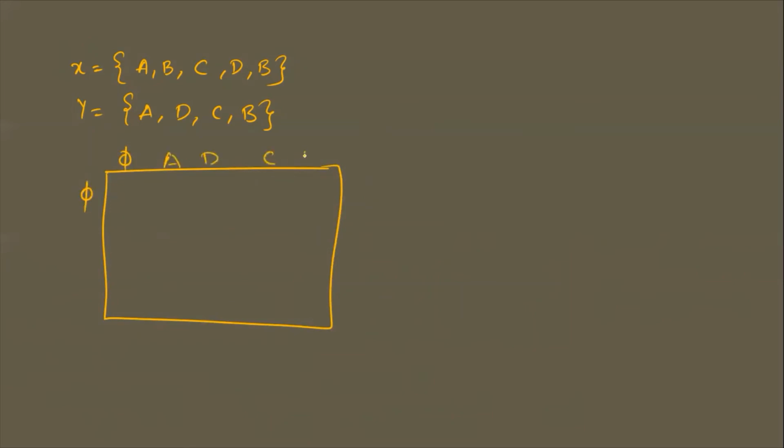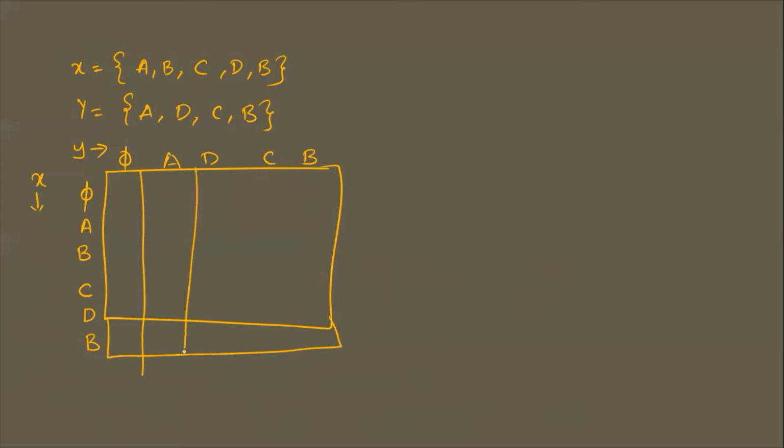So first draw it, pi and then pi, and the y values A, D, C, B, and here A, B. See, you can change this up, x values either way, y values either way, you can write reverse also, no problem. We are just bothered about the common ones. So A, B, C, I find this easy, so I am using this to keep only one common. So done.